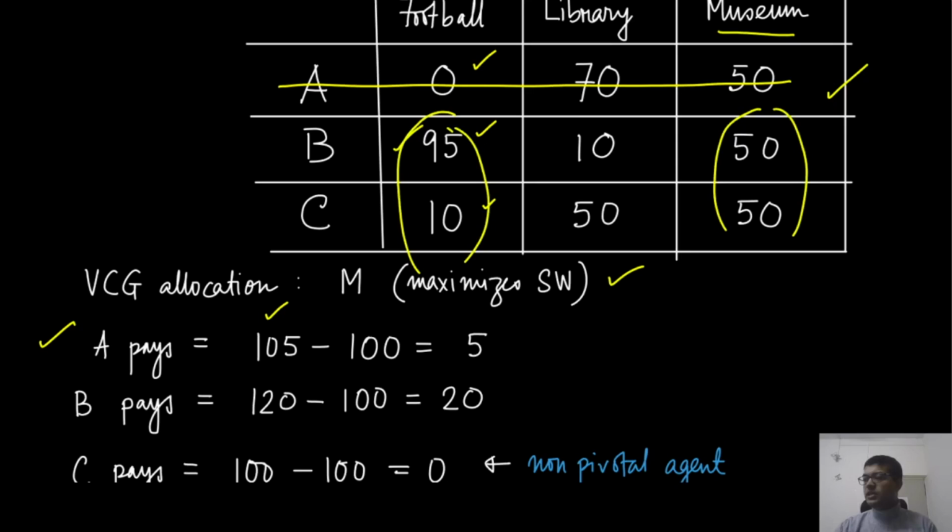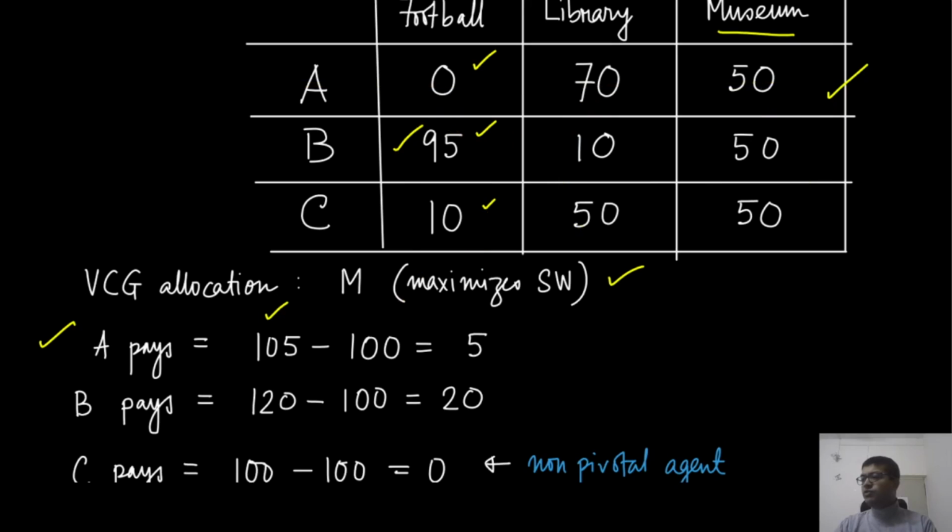This will be the sum here, and this will be the sum here, and clearly this is going to be the winner. So therefore 105 is the sum of the valuations of the agents except agent A when A is not present. Now when A was present, the sum of the valuations of the other players was 100. So this difference is going to be the payment that is imposed on player A, and that is going to be 5.